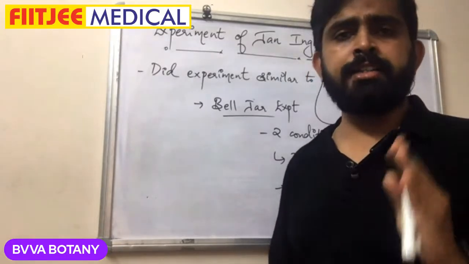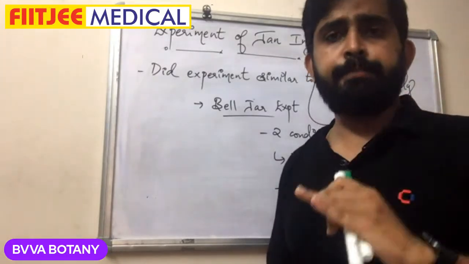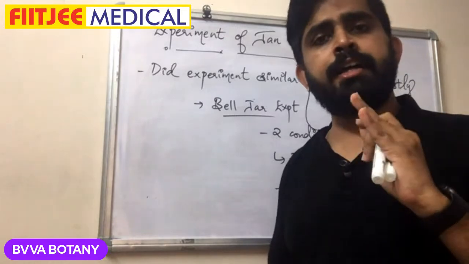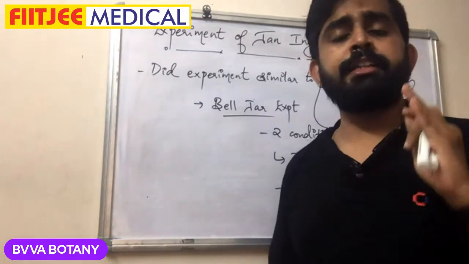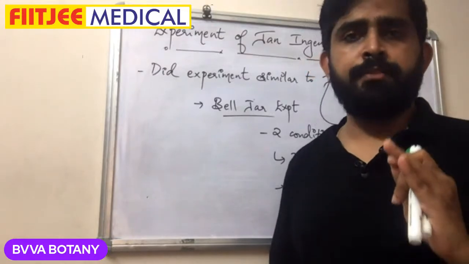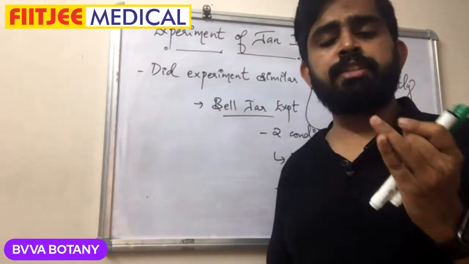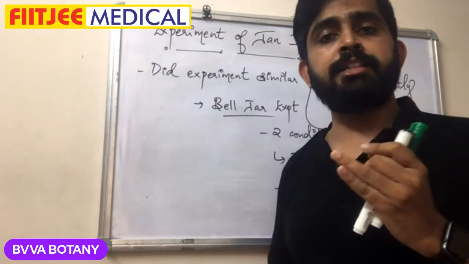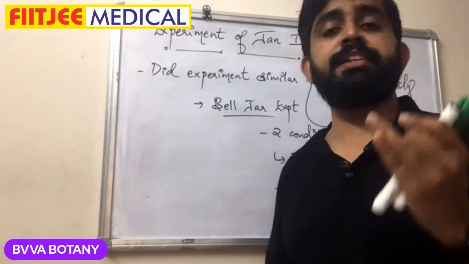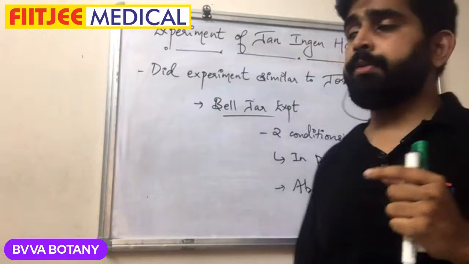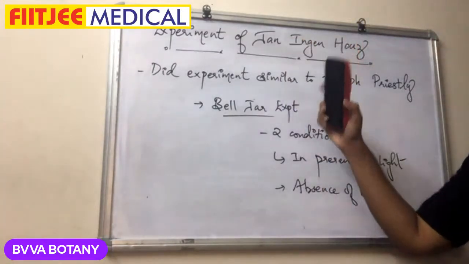So he hypothesized that the burning of candle and the respiration of the rat produce a foul gas which he called phlogiston, and this phlogiston was purified by the gas produced by the plant. Now we move on to the experiment of Jan Ingenhouse.